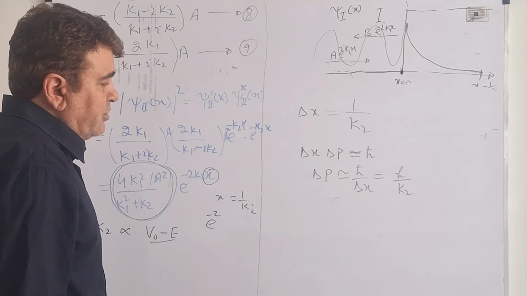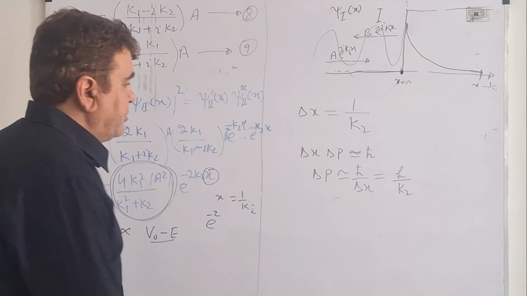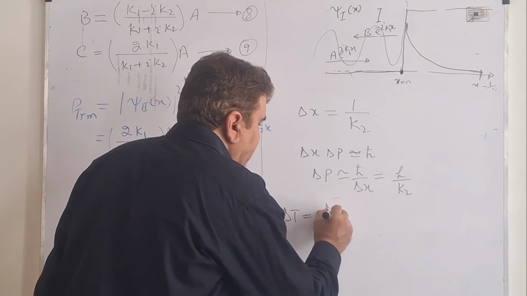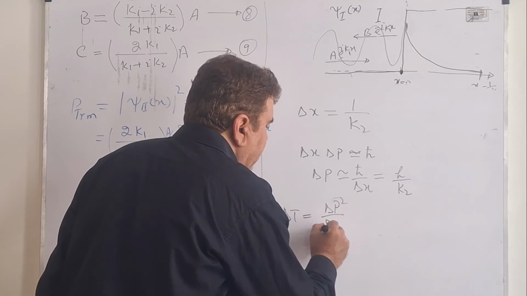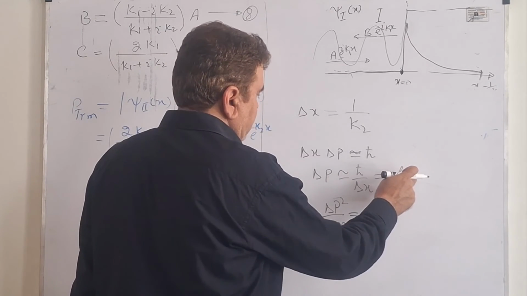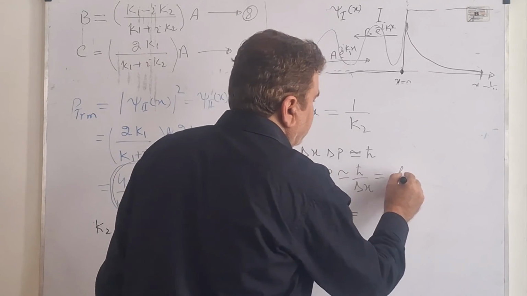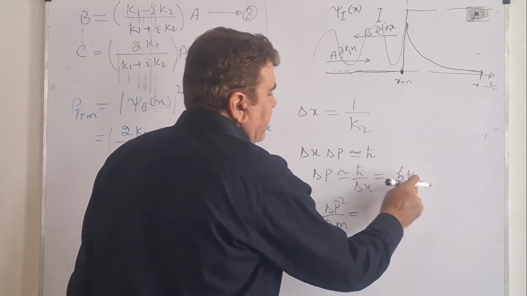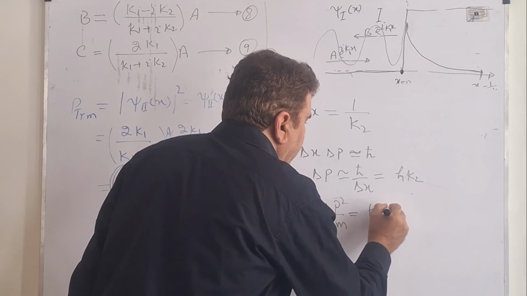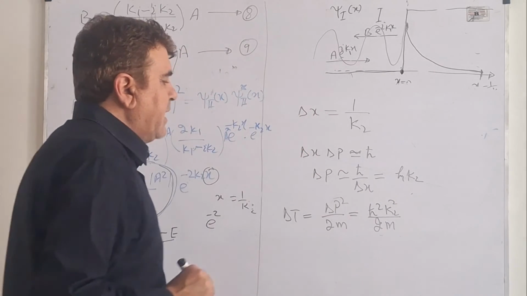And with this uncertainty in momentum, we can find the uncertainty in kinetic energy. The uncertainty in kinetic energy is then given by delta p squared divided by 2m, and if I put this value, it gives me h bar squared k2 squared divided by 2m.